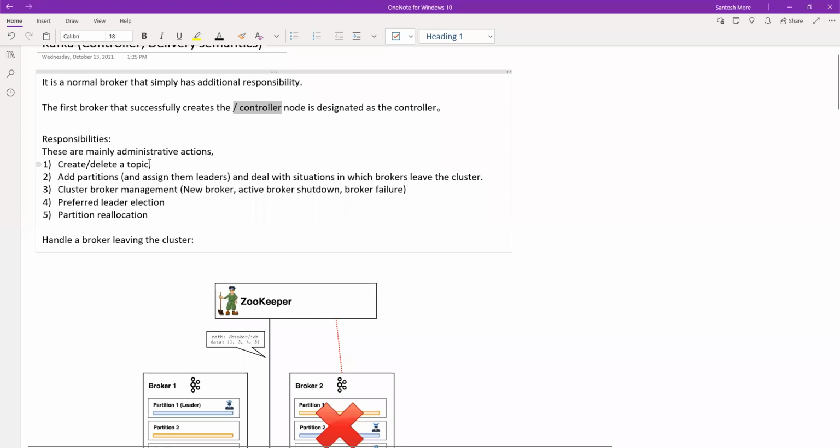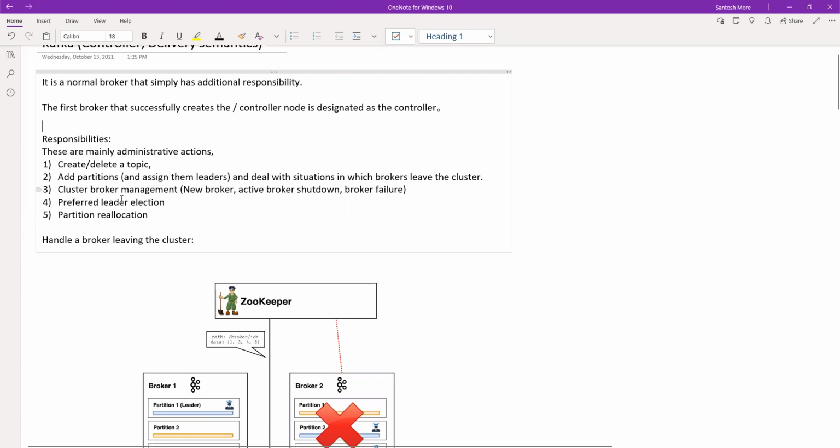So what are those administrative actions which a controller performs? The first is that it can create and delete a topic, and also it can add partitions. When it adds partitions, it can assign them the leadership. Whichever partition has to become a leader, that also is the responsibility of the controller. And it also deals with the situation when a broker wants to leave the cluster.